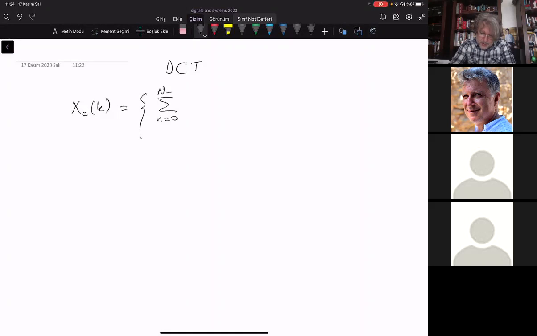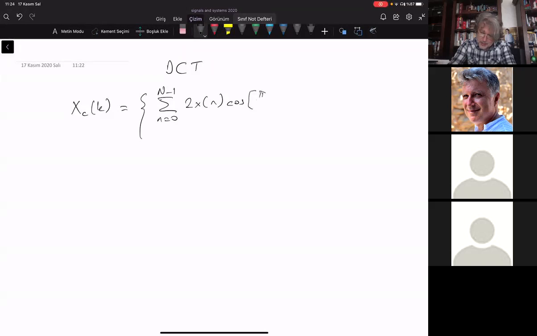This is quite similar to the discrete Fourier transform, except the fact that we don't have this 2 cosine. We have only x of n times. And instead of e to the minus j blah blah, now we have cosine blah blah. What is that cosine blah blah?